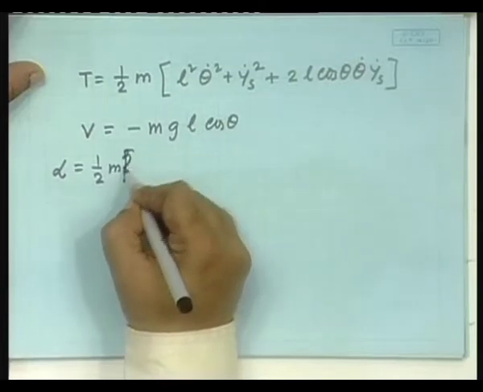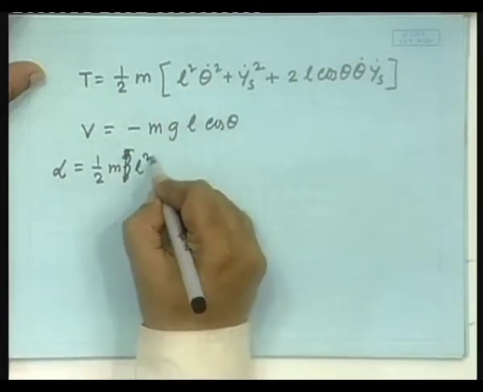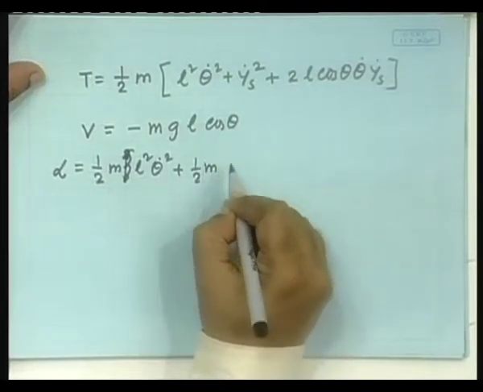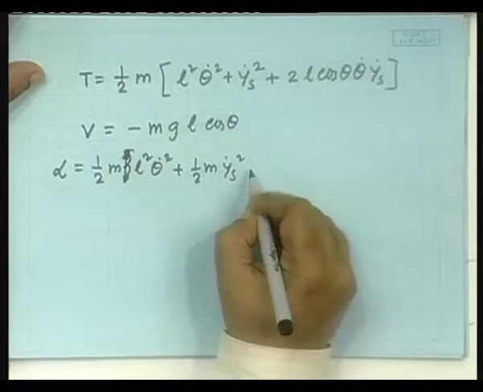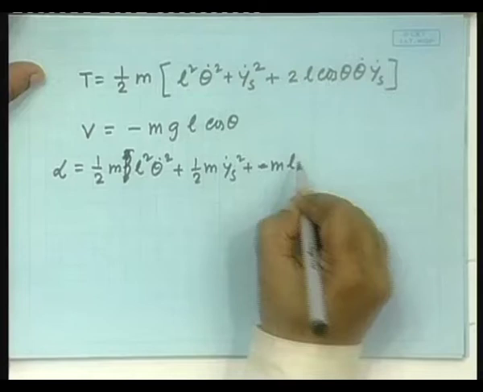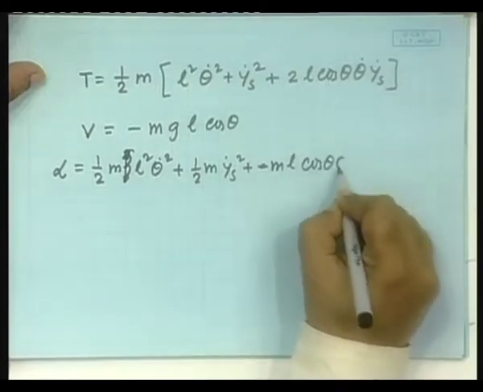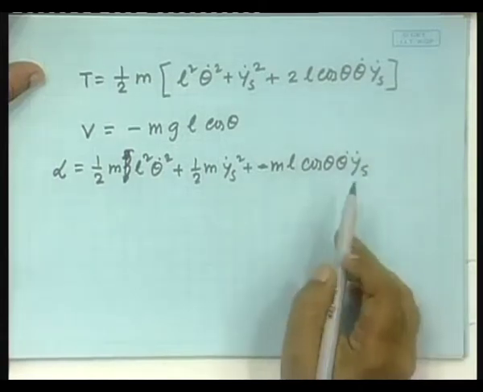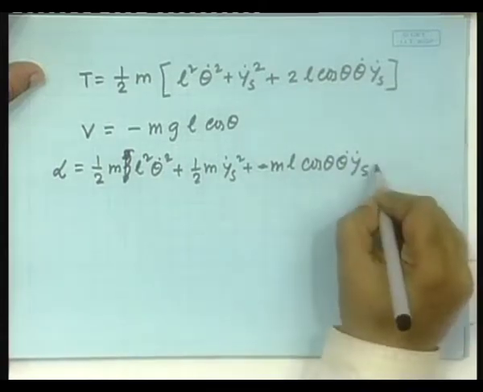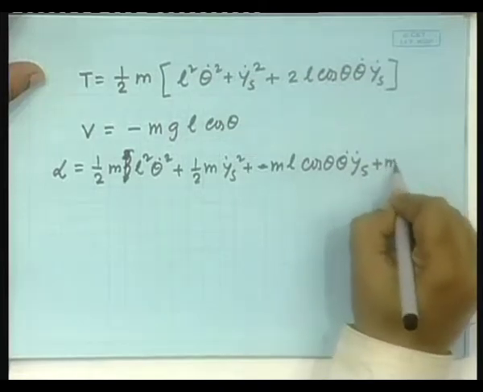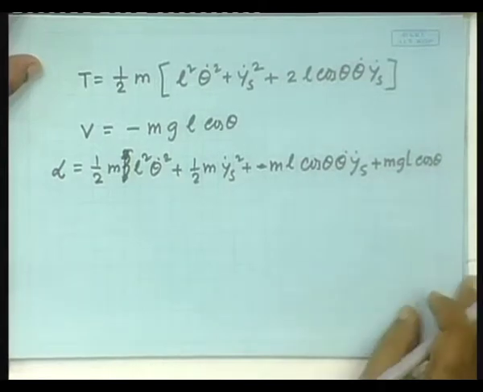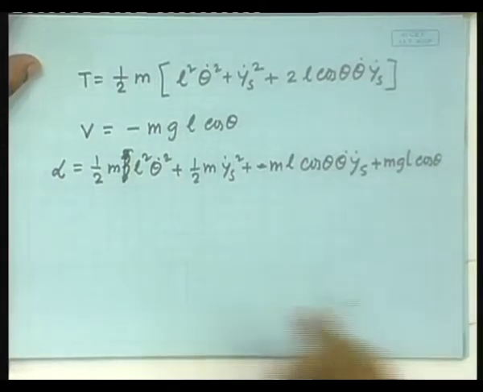So, half m L squared theta dot squared plus half m y dot s squared plus now this term consists of m l cos theta theta dot y dot s, that does it, T minus V. So, plus m g l cos theta. Okay. So, that is the Lagrangian.